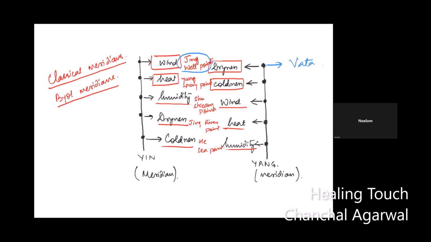Whenever you want to treat any Vat related problem, you can always choose Jing-well points. Now, what is Vat related problem? All the emergency situations are Vat. Vat means sudden. Vat means emergency. Vat means attack. So any Vat related problem, you can choose Jing-well point.